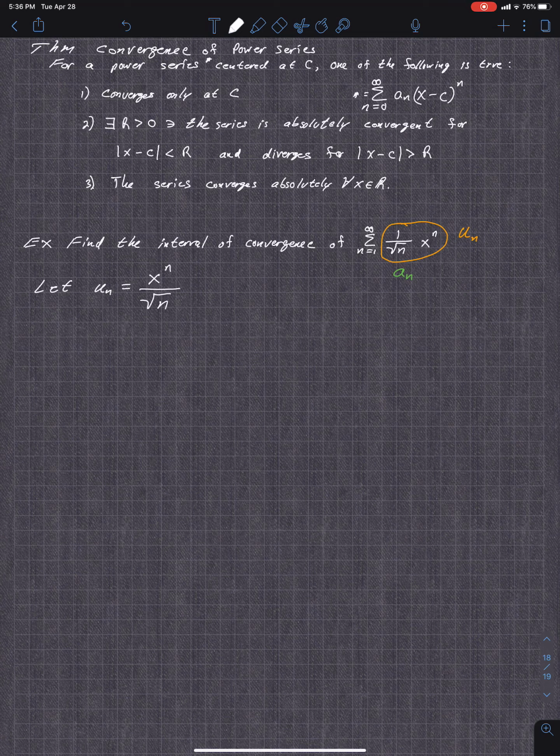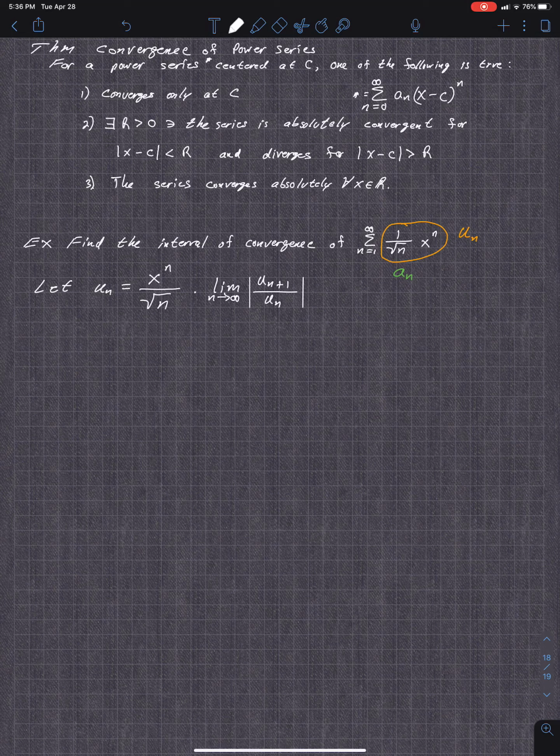Right, that's that whole thing. And then we do the ratio test again. All right, so then we look at the limit, and we look at absolute convergence. So it's the absolute value of u sub n plus 1 over u sub n as n approaches infinity.